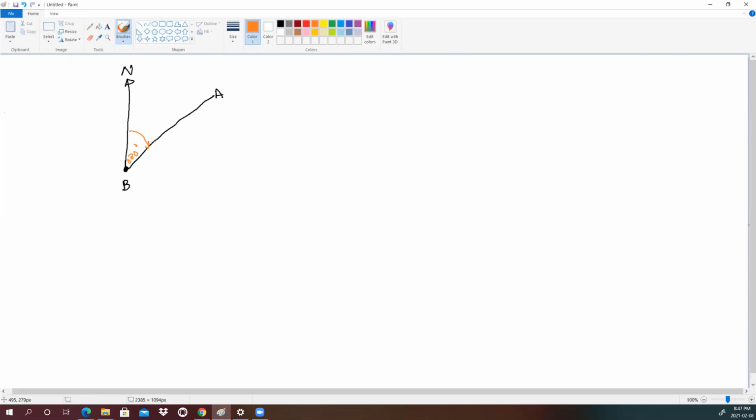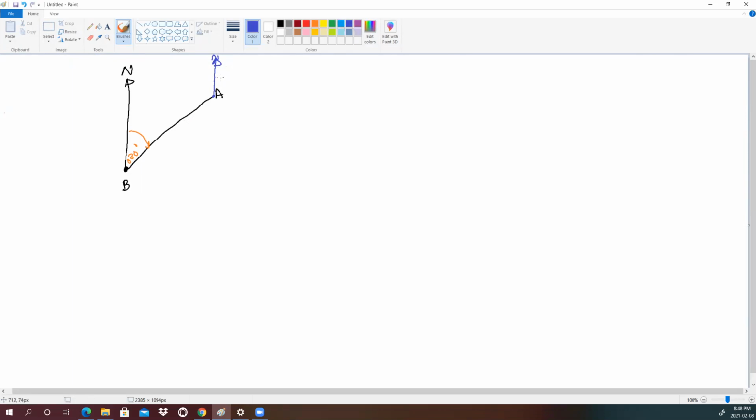All right. And it says, the bearing of a point C from point A. So now point A becomes a point of reference, right? Because it said the bearing of C from A. I need to put a north line where A is.